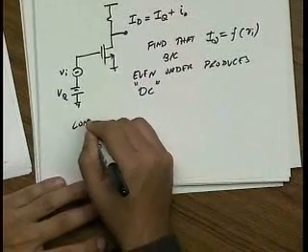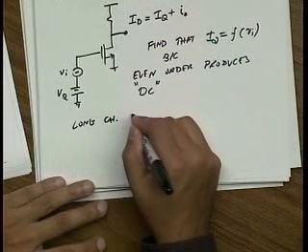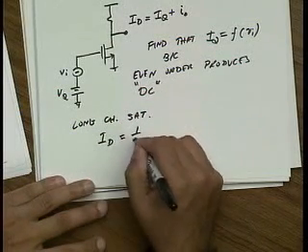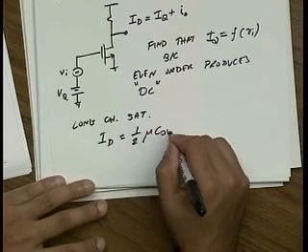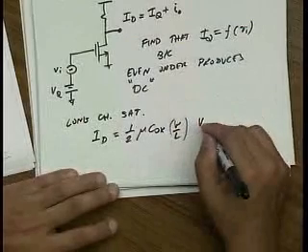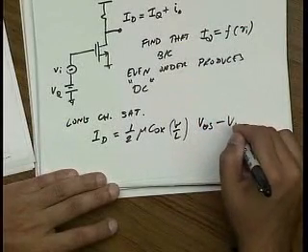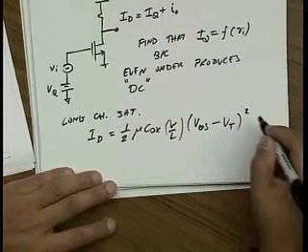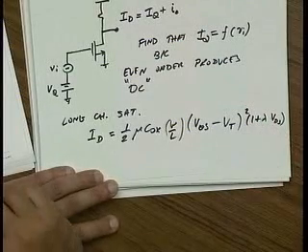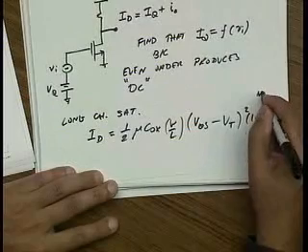So if I assume a long channel saturation equation, basically the EECS 105 style equation, I know that my current just depends on VGS minus VT squared. Of course, there's 1 plus lambda VDS, which we could talk about later. Let's just neglect this for now.